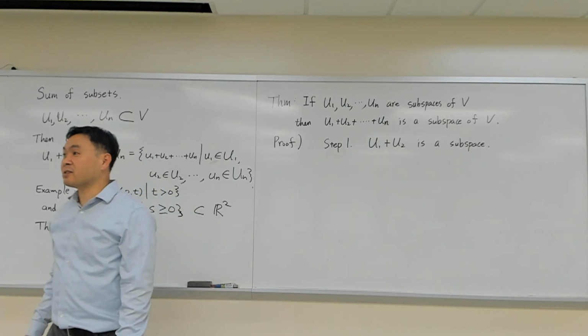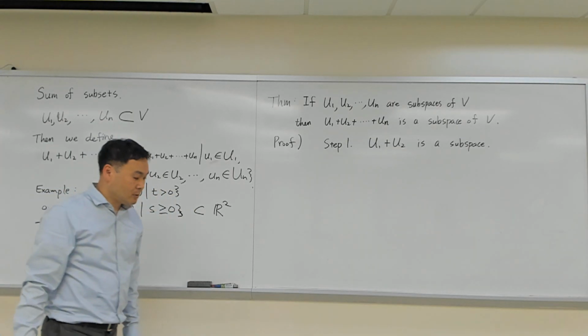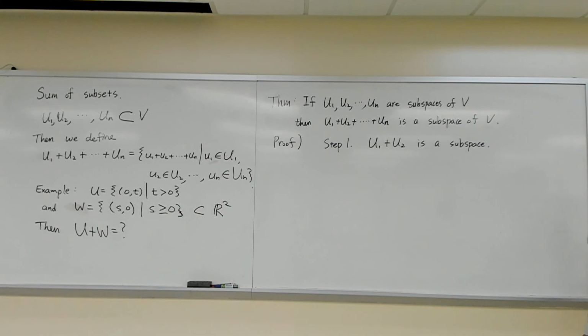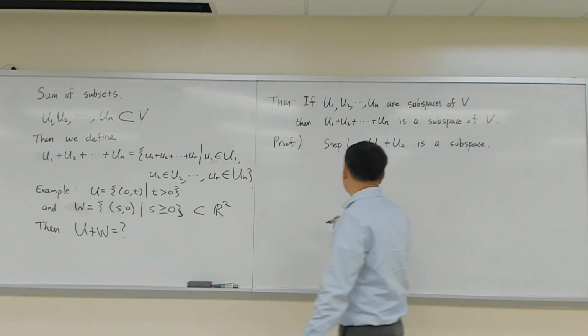We want to show that. Let's try to prove it. It's wonderful if the proof is just clear in your head. That'll be nice. But if not, then you want to start with what you're given. Okay, what are we given? We're given that U1 and U2 are both subspaces, right? So let's write down what we know.